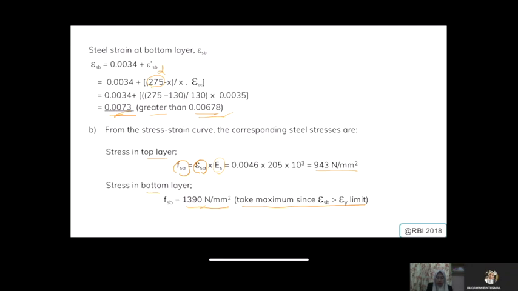Since this is greater, we just use the maximum.